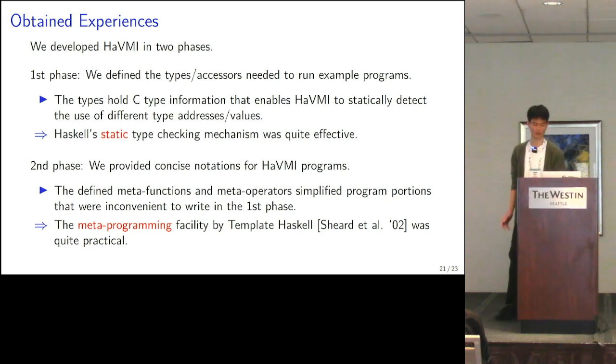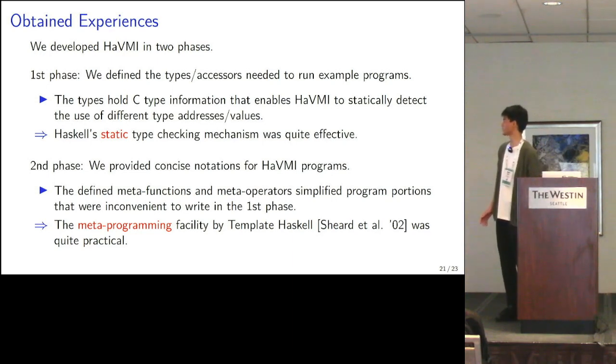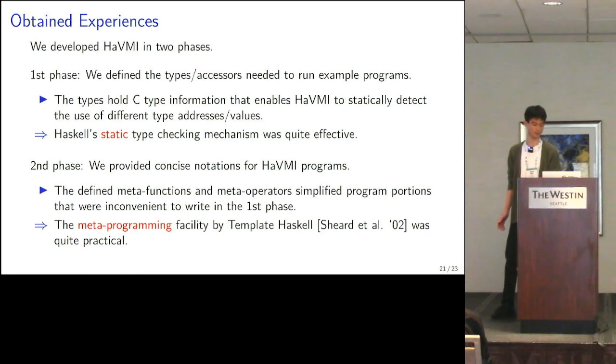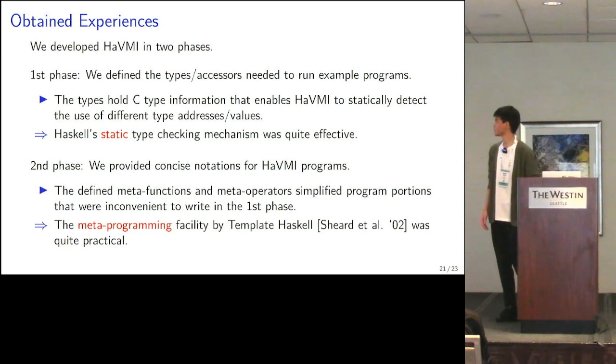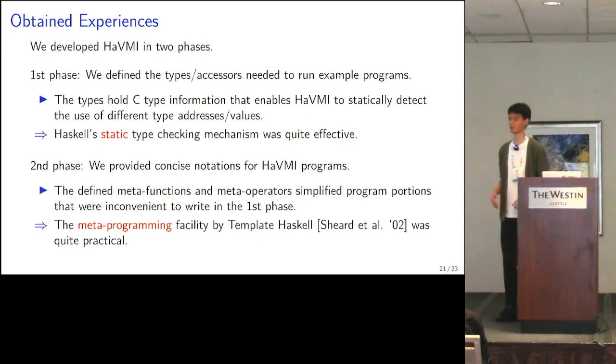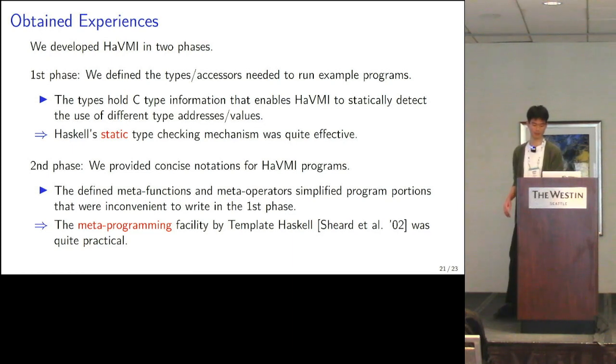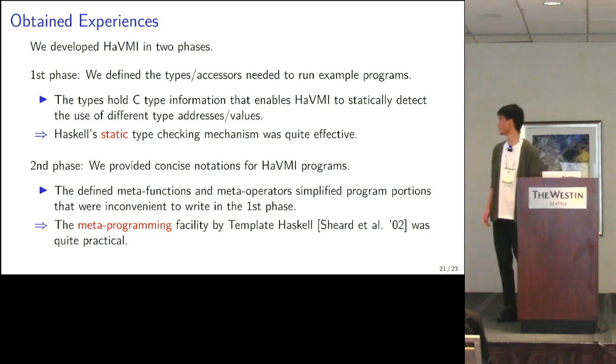Here, Haskell's static type checking mechanism was quite effective. In the second phase, we provided concise notations for HaVMI programs. The defined meta-functions and meta-operators simplify program portions that were inconvenient to write in the first phase, and the metaprogramming facility of Template Haskell was quite practical in this phase.